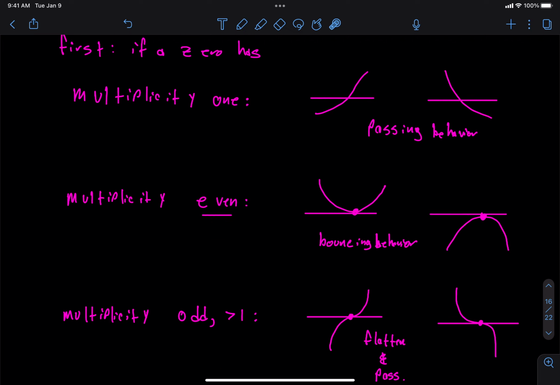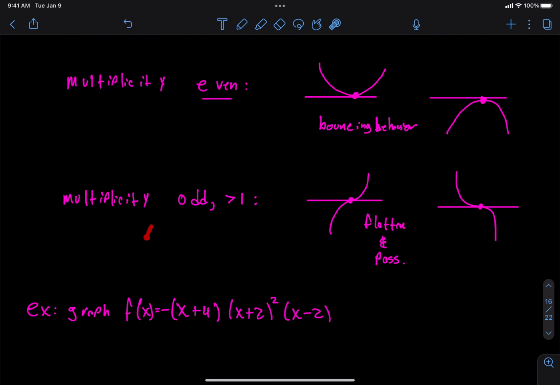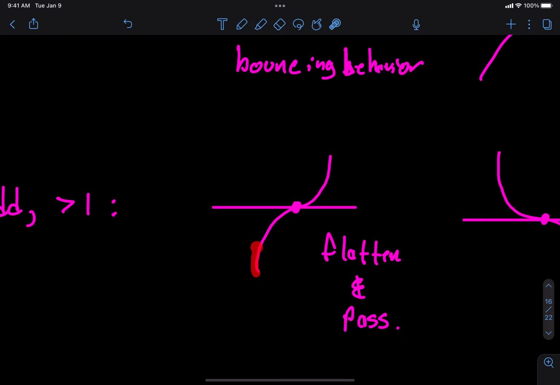One final comment: if the multiplicity is odd but larger than 1, something like x minus c cubed is a factor, then we are still going to pass, but when we pass, we're going to sort of flatten out. This looks kind of like the graph of x cubed, where we flatten out as we get close.